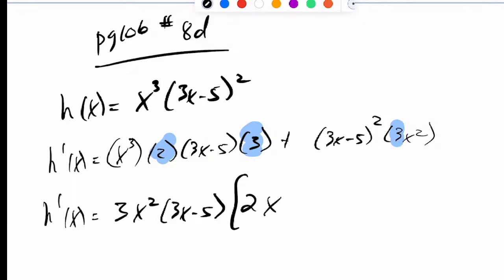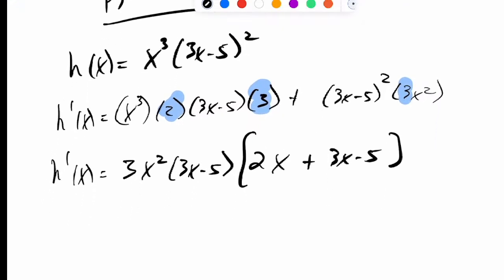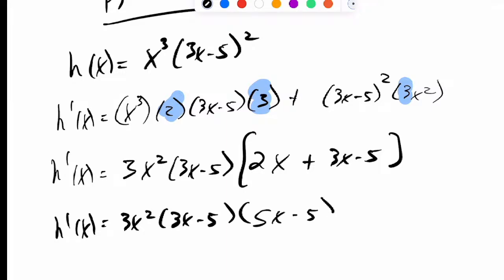So this will be 2x. And then I'm left with a single 3x minus 5. So h prime at x is 3x squared, 3x minus 5 times 5x minus 5.